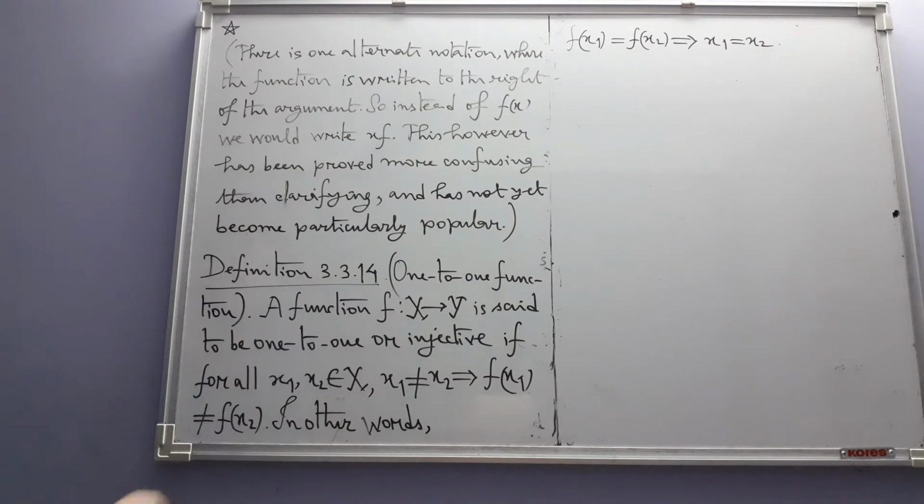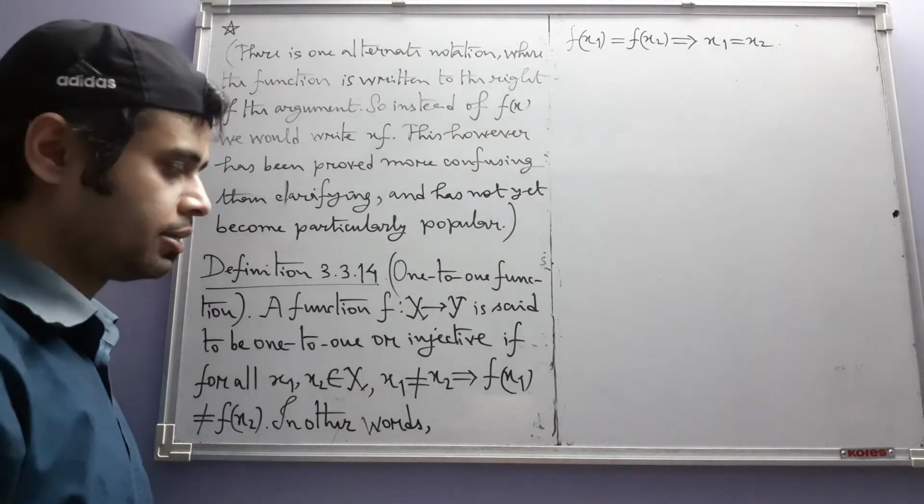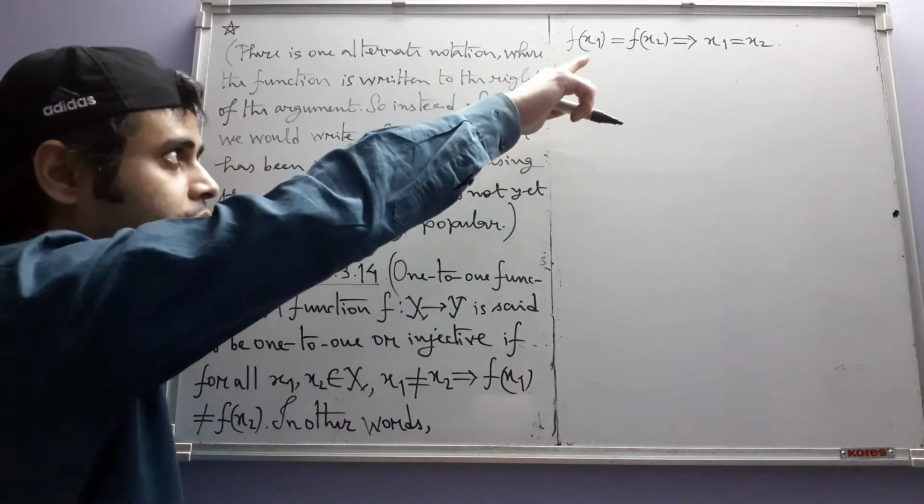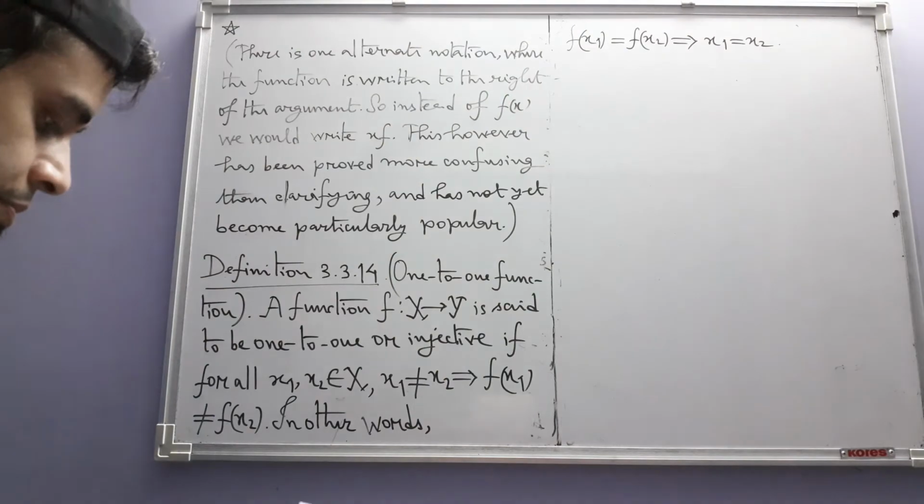These two implications are basically the same thing. They are logically equivalent and contrapositive of one another. This is P implies Q. This is negation of Q implies negation of P.